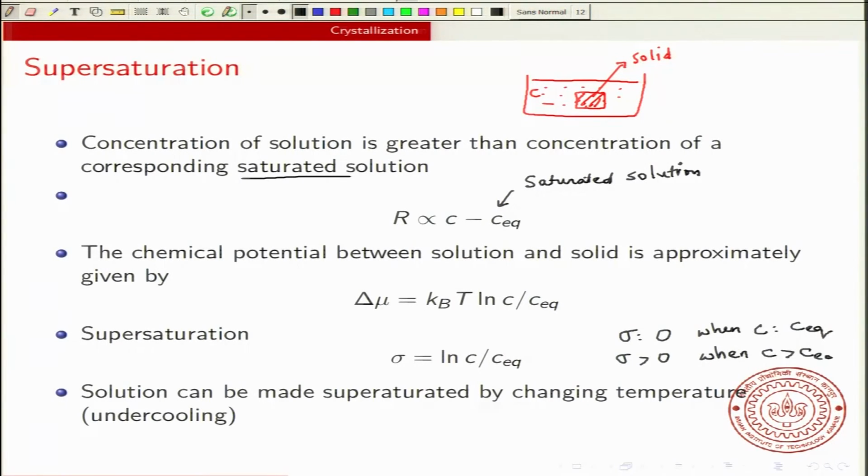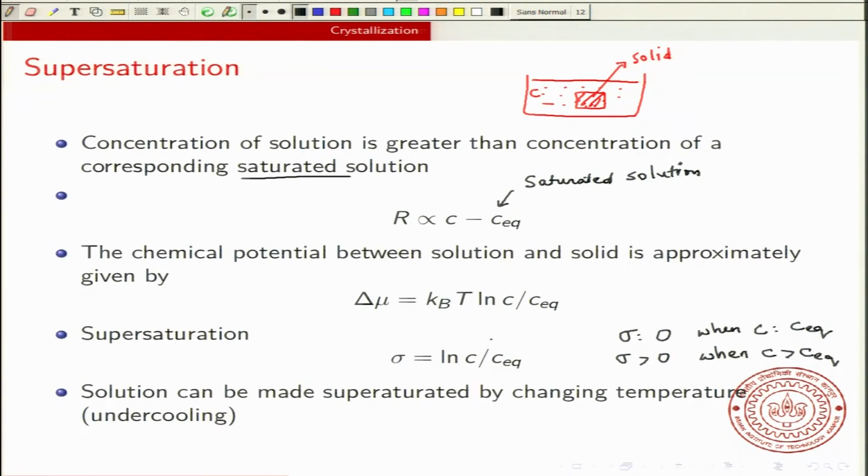Again, you should remember that this is not an equilibrium solution, and that is why it crystallizes. This idea of supersaturation is quite interesting, and you can see that delta mu, the difference in chemical potential, is proportional to this supersaturation.